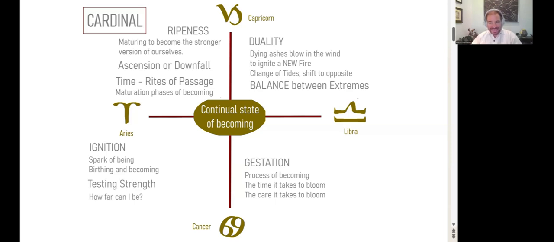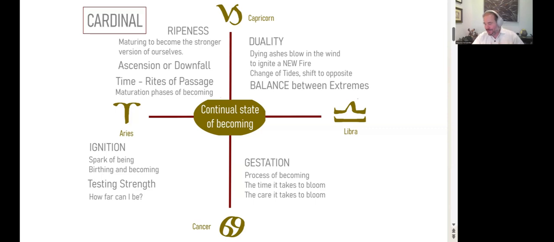So there's a newness in the cardinal signs, but there's often a blank slate. So let's say I'm changing from evolutionary to financial astrology. I have to start all over again, build a new clientele, create a new website. My identity is changing. Sometimes cardinal people or the cardinal influence in our lives can lead to radical change of identity, where from an astrologer, you become a photographer or a carpenter.